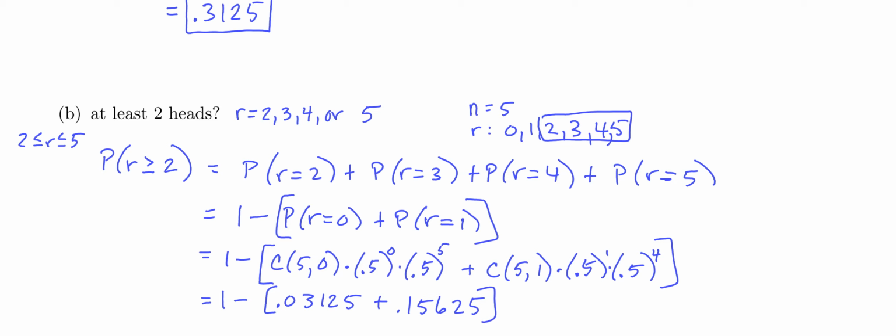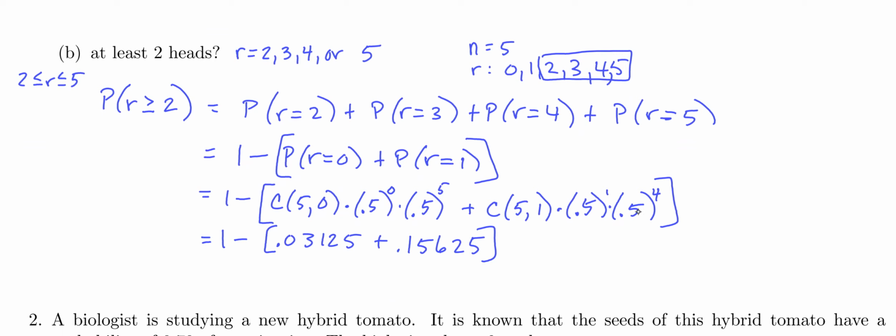Adding these two together gives us 1 minus 0.1875, and then doing the final subtraction, we get 0.8125. And this is the probability of getting at least 2 heads when we flip a coin 5 times.